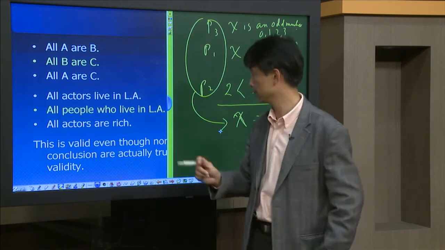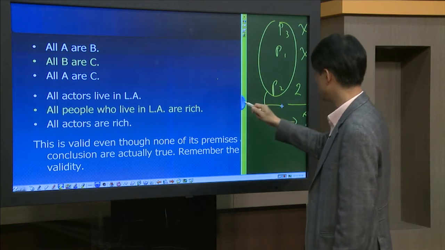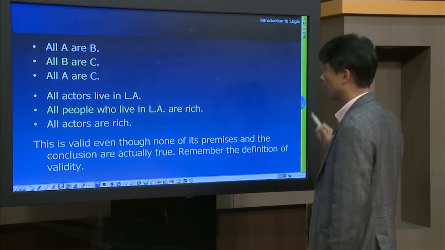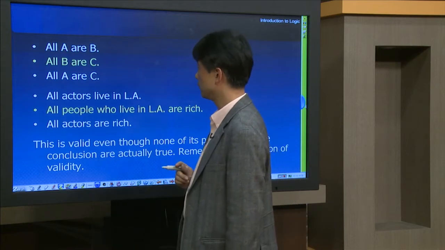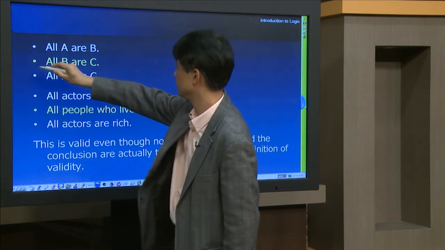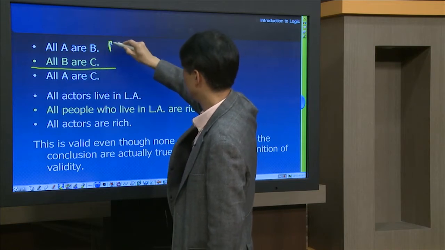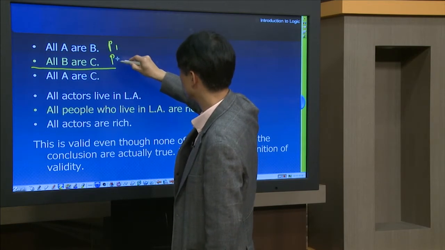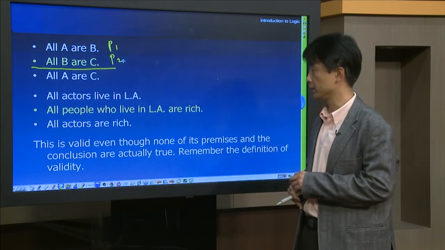Okay, let me explain. Let us look at this example. Okay, here is an example of an argument. There are two premises, and the conclusion is A or C.